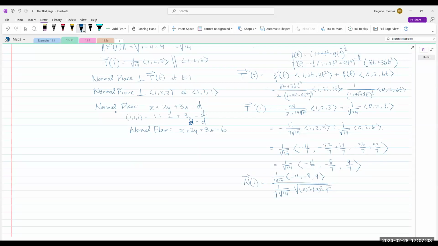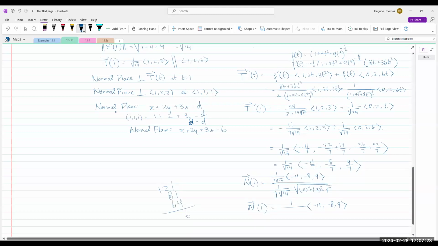Okay, in which the coefficient cancels, right? Negative 8, 9. And then here we have 1 over the square root of a big number, 121, and then 81, and then 64. What's that? 14, 16, 1, 266.